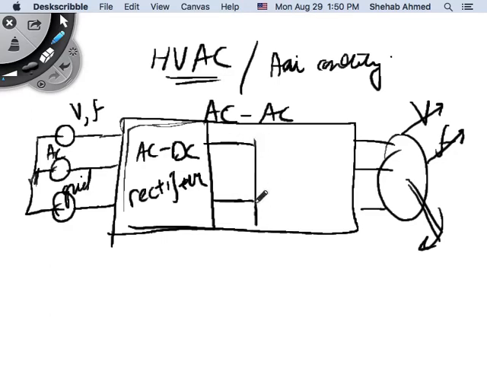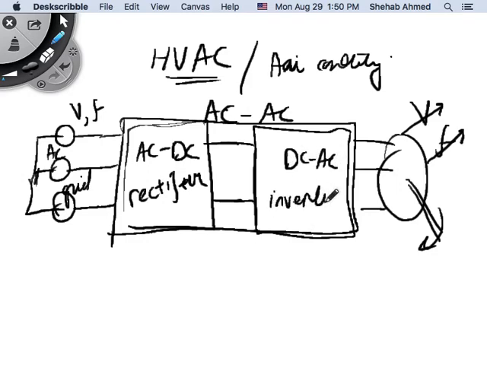And then you take this DC voltage and convert it to AC using an inverter. So this will be a DC to AC inverter. This is really the workhorse of the industry. It's not a direct AC to AC converter, even though there's a lot of research on this. It's been the topic of research for a long time, but not economical. So people don't use it. This is much more economical, much more reliable, so people use it.